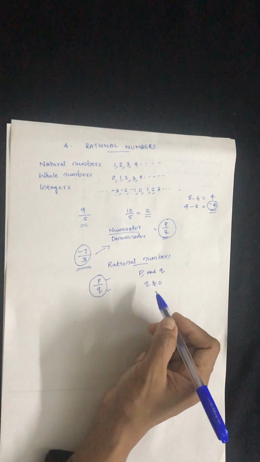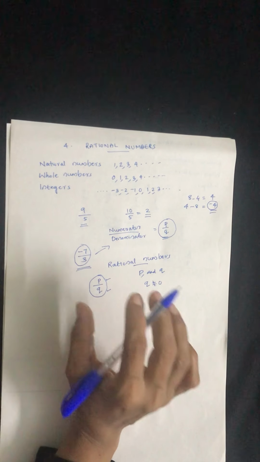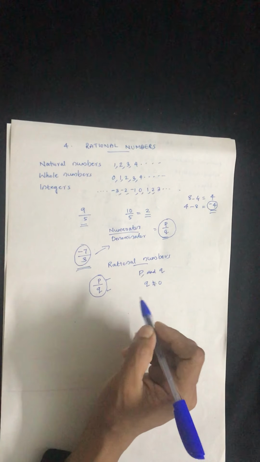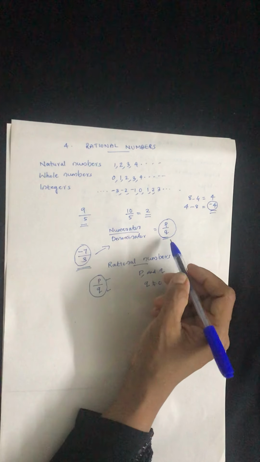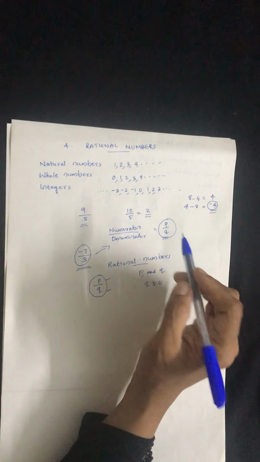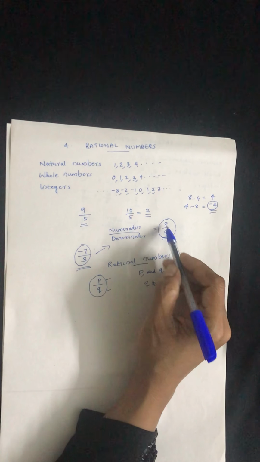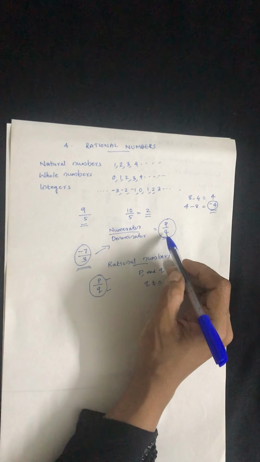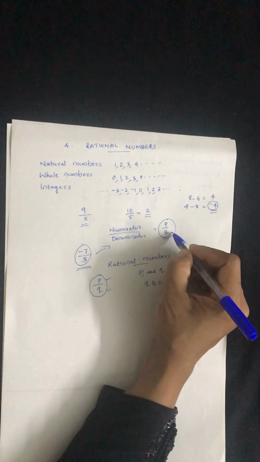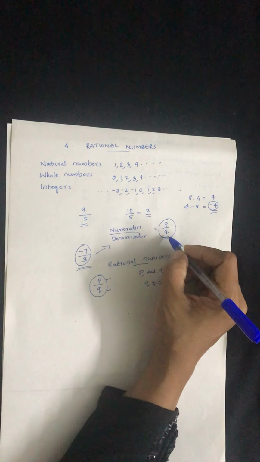Now what is the difference between fraction and rational numbers? A fraction we can also define as a number which can be expressed in the form of p by q, but there is one condition: p and q should be whole numbers, and q not equal to 0.